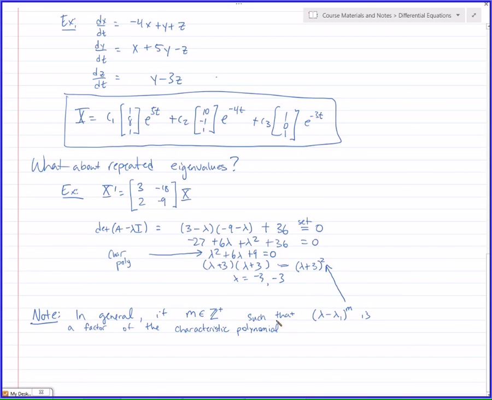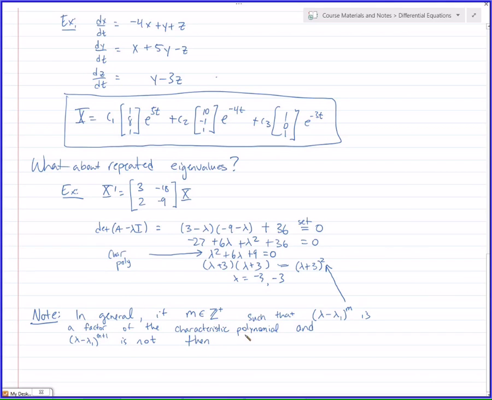Okay? So let's say that's a factor of the characteristic polynomial, and just so that I'm indicating that this is the highest possible factor, lambda minus lambda 1 to the m plus 1 is not. So it's the most number of times lambda minus lambda 1 appears in the characteristic polynomial in factored form.